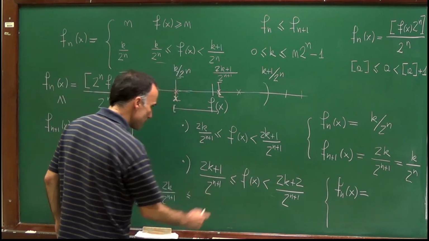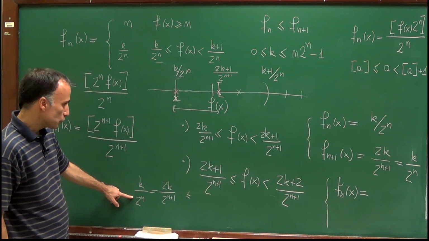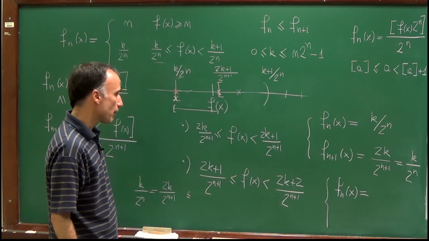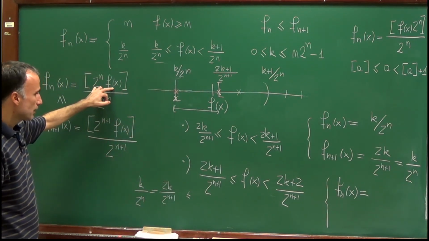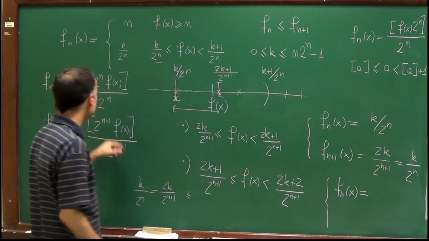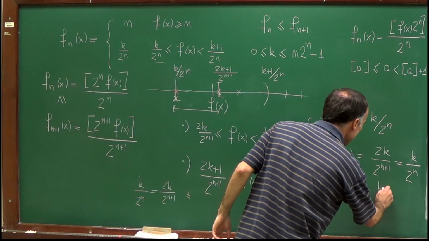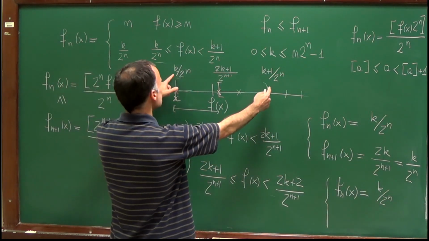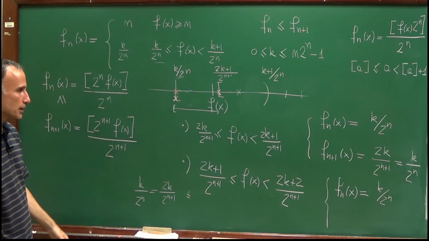Well, in this case, f(x) belongs to the interval k/2^n and (k+1)/2^n, which means that 2^n times f(x) belongs to the interval k, k+1, and therefore that the integer value of 2^n f(x) is equal to k. So here again, f_n is equal to k/2^n. Well, this we know because f(x) belongs to that interval, so we knew that already. I just checked it once again.